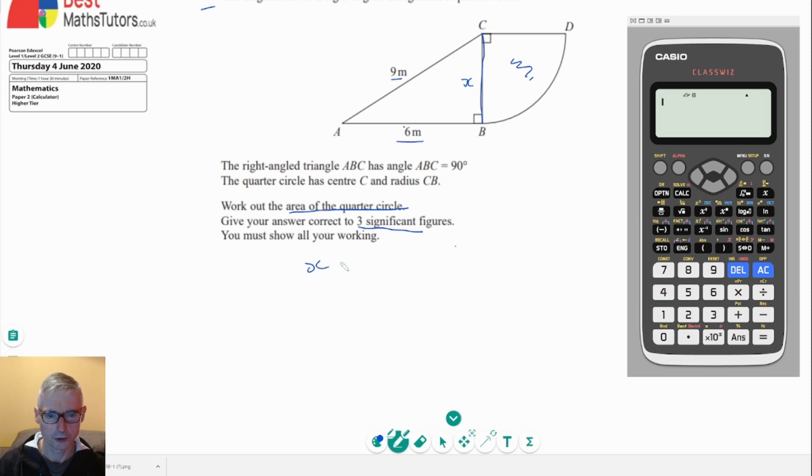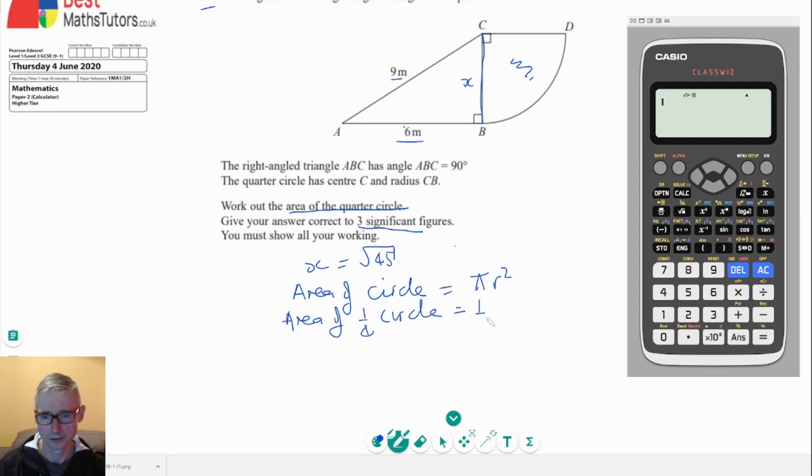We know that the area of a circle is pi r squared. So the area of a quarter circle is going to be a quarter times pi r squared. In our case, r is the same as x, so our value for r is root 45.